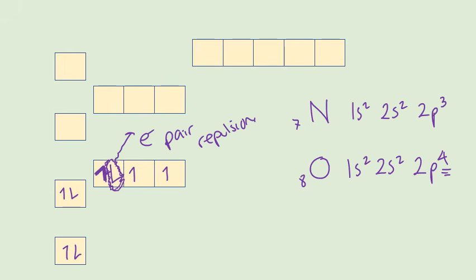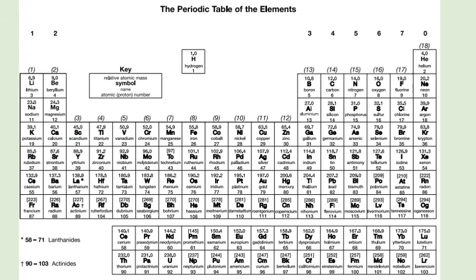So let's go back to the periodic table and have a look at that blip, between nitrogen, oxygen and phosphorus and sulfur. The general trend is you get an increase in ionization energy as we go across the period. However, we get the drop here and the drop here.